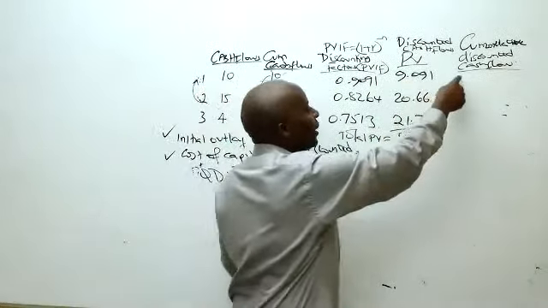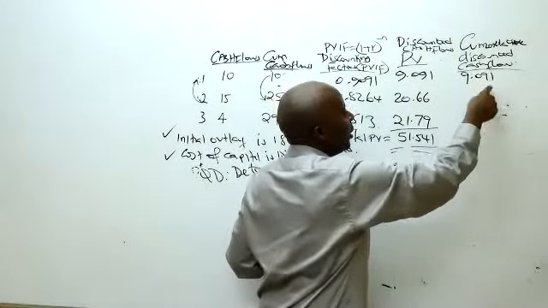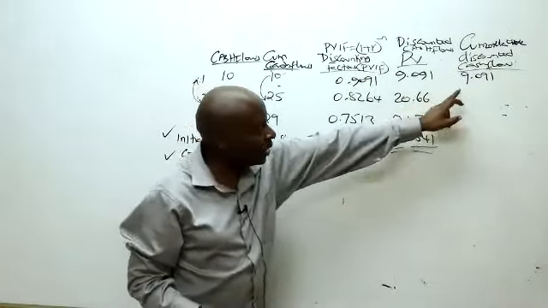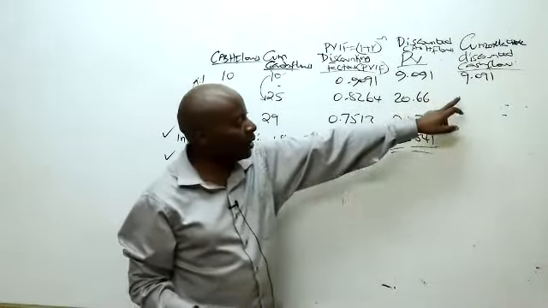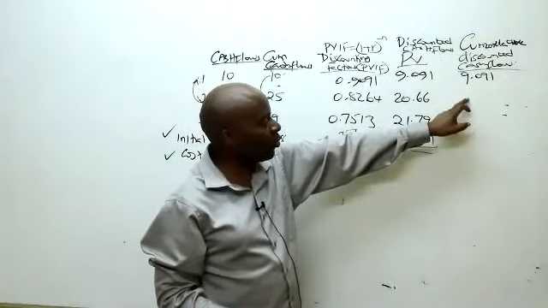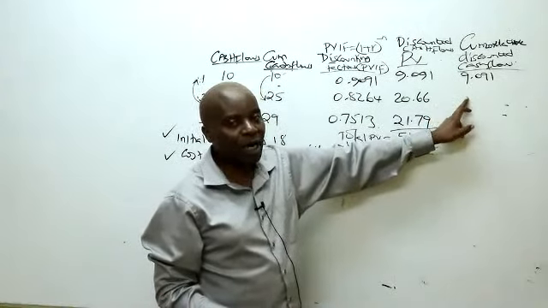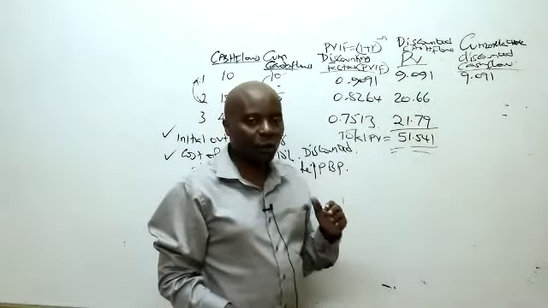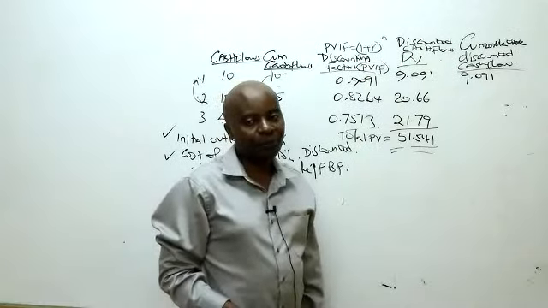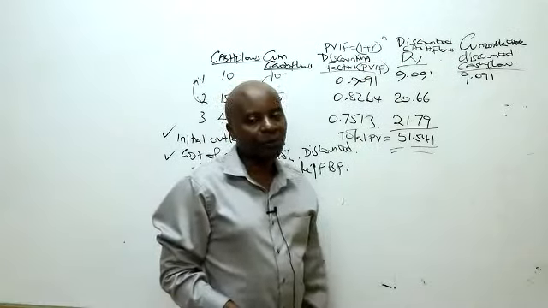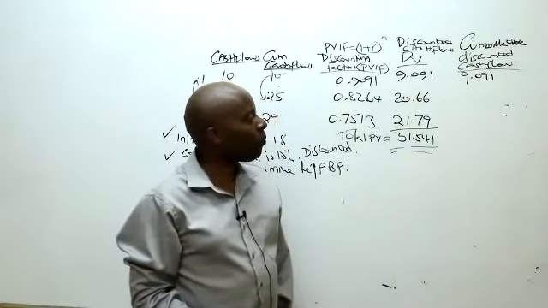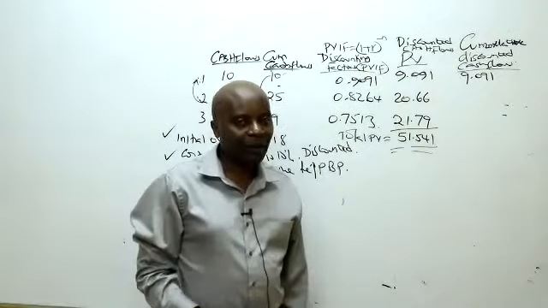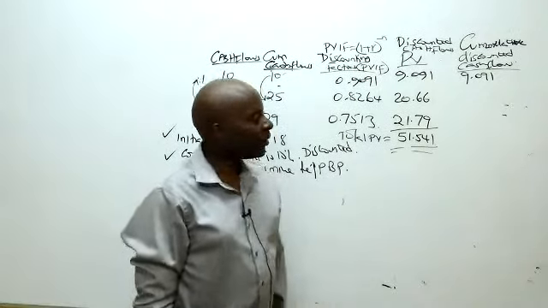So what do we have here? Somebody, 9.091. Come and add the 9.091 to this figure and give me the cumulative cash flow. 9.091 plus 20.66. What do we have there? 29.75.